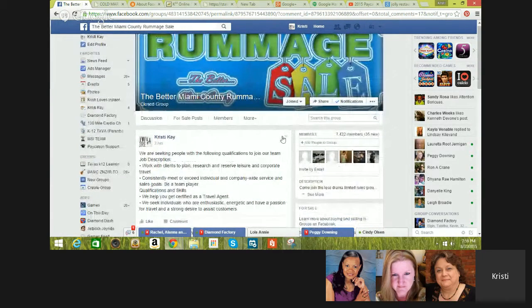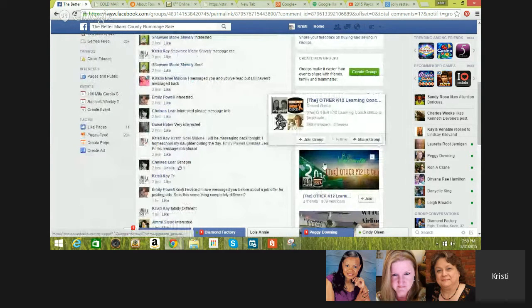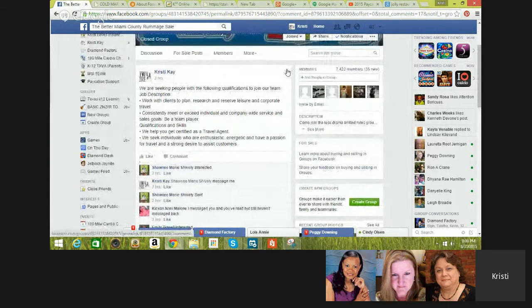Because if they say something ugly and you block them, that only blocks it to where you can't see what they're saying. So I would erase the whole post itself.